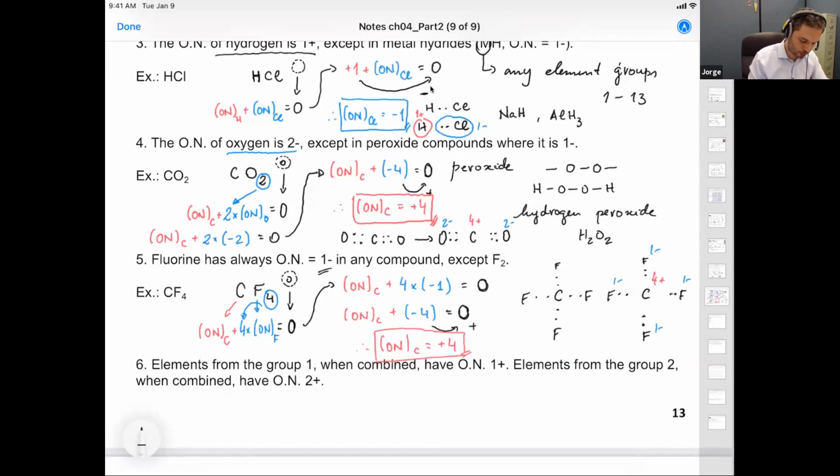So group 1 is always going to have oxidation number 1 plus or plus 1, and group 2 always 2 plus or plus 2. All right? So those elements will not put up a battle for the electrons. They will just give up and be happy with that.